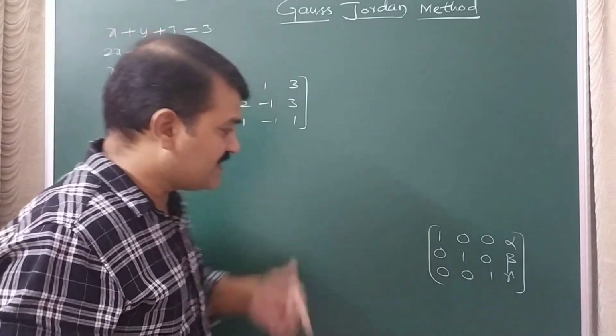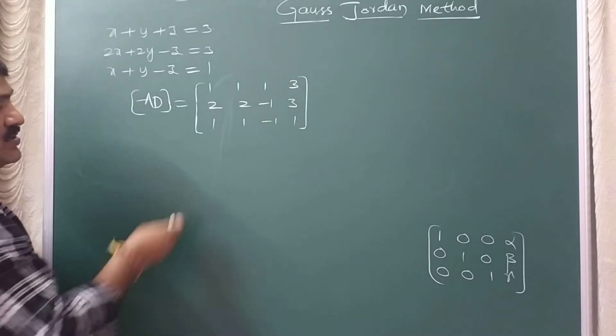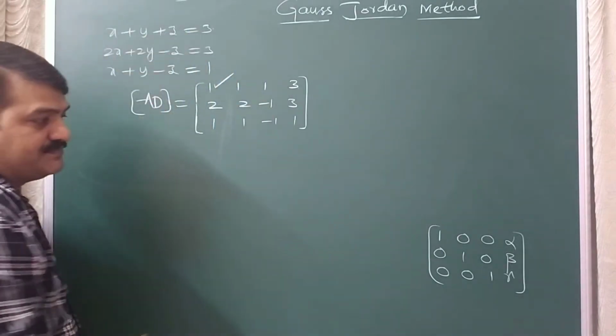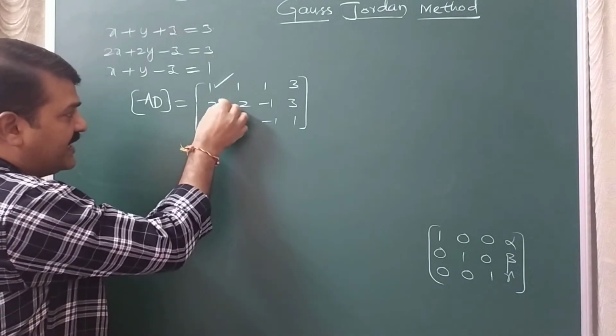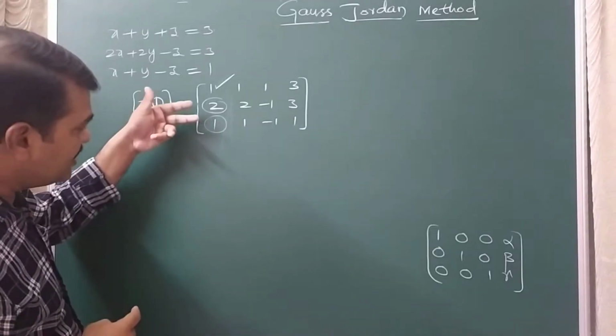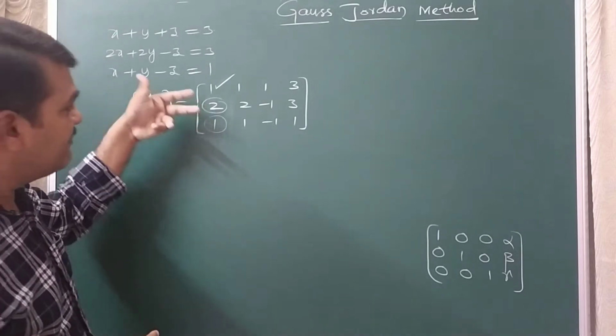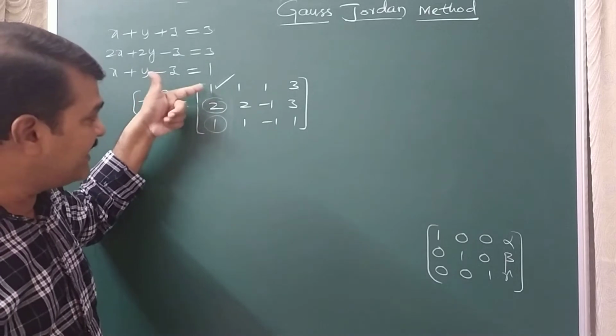Okay, let us come to the first step, 1, 0, 0 in the first column. Already I have 1 here, so no issues. Now we have to get zeros in these two places. To get zeros in these two places, we will use the first row, that is this element 1.